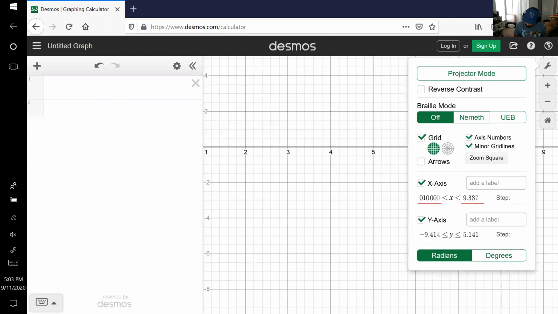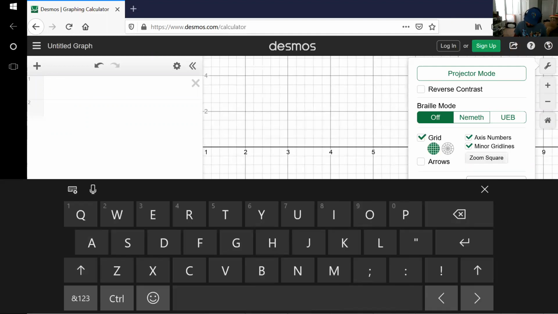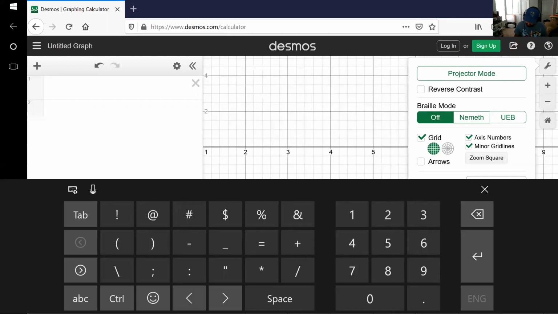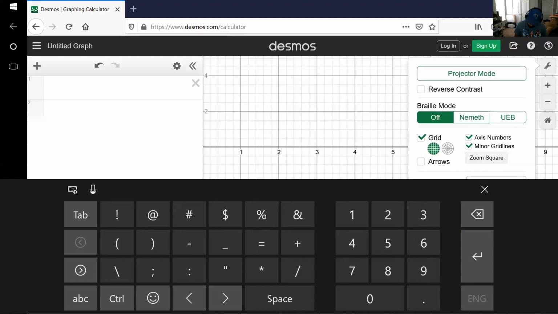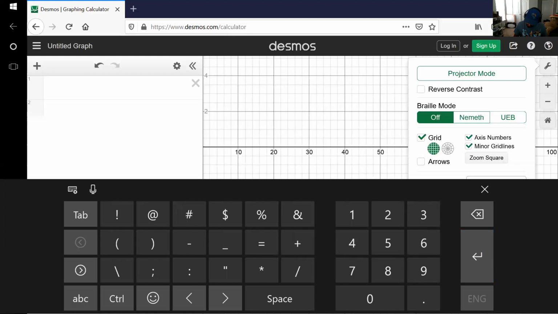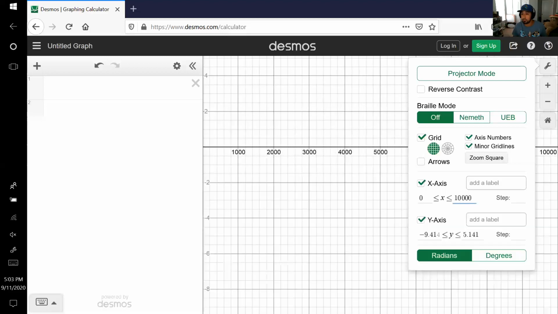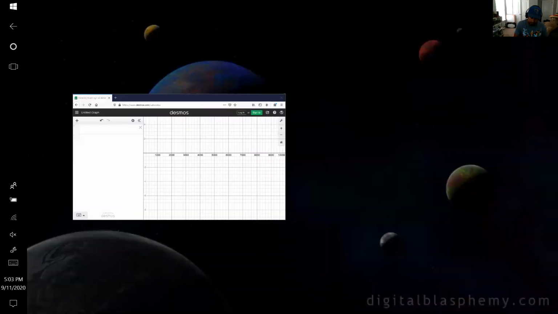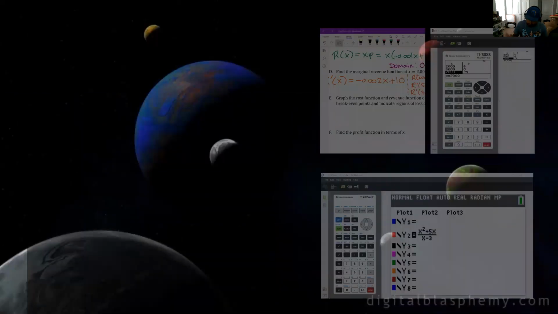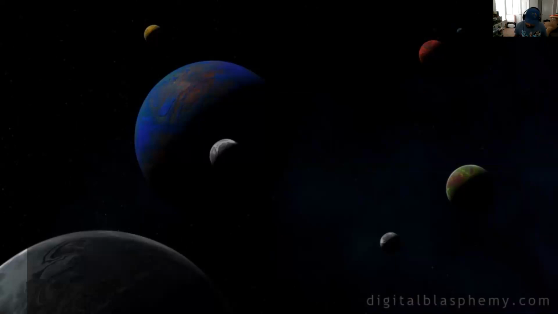Did it do it? Nope. I can't see it because it's in the way. All right, let me try again. So this one is going to be 0. And now this one, there we go. So all I did was change up that x-axis to 0 and 10,000. Perfect. And now let me minimize this. You get over here, and I want view.